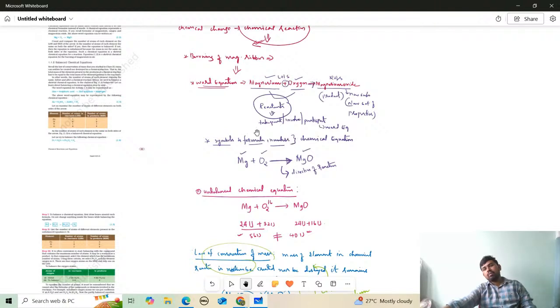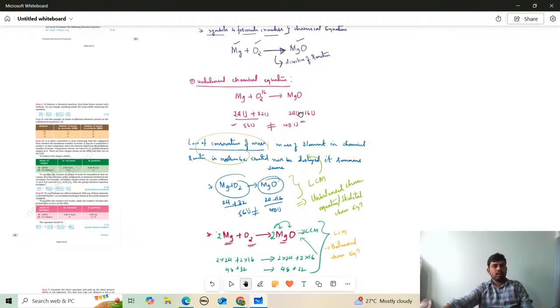Again, we write it in terms of symbols and formulas, with numbers also in the subscript place. That is called a chemical equation. Chemical equations are shorthand representations of chemical reactions in terms of symbols and formulas. Chemical equations are of two types. One is the unbalanced chemical equation, which does not obey the law of conservation of mass.